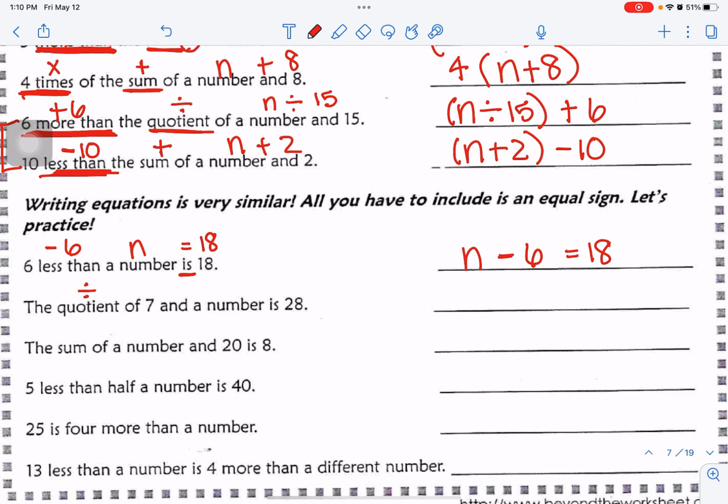That's telling me to divide. The quotient of 7 and a number. To know which one goes first, you just read it as it is. My 7 comes first, then a number. Is, I know that it means equal 28. So then I have 7 divided by n equals 28.